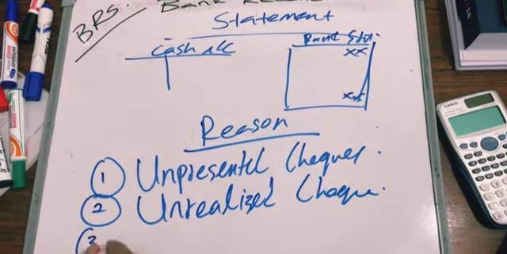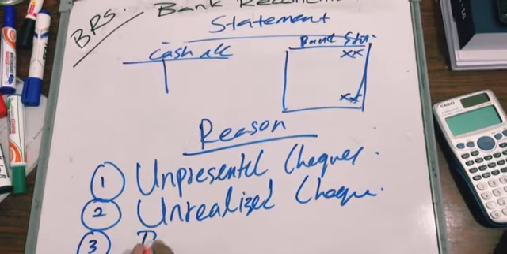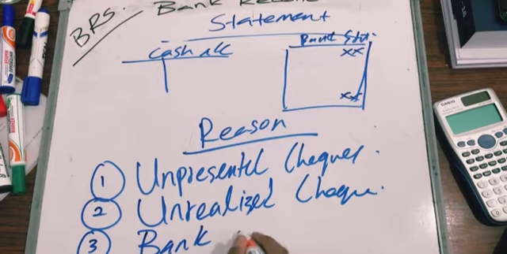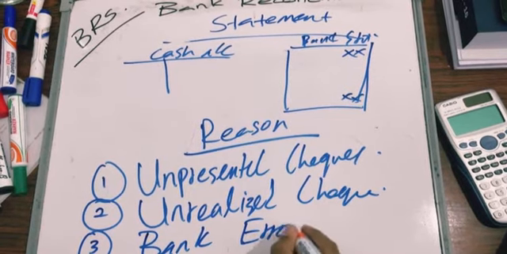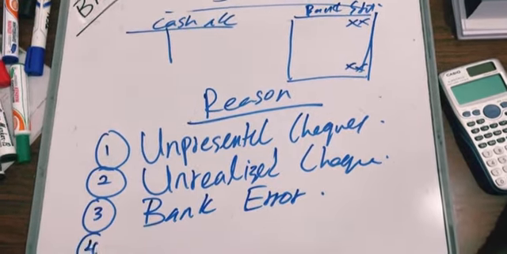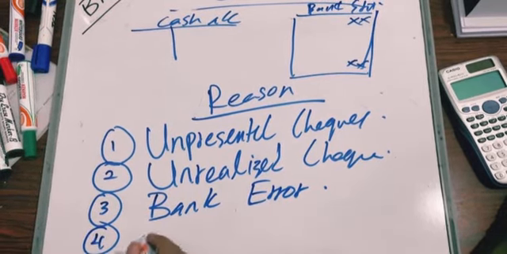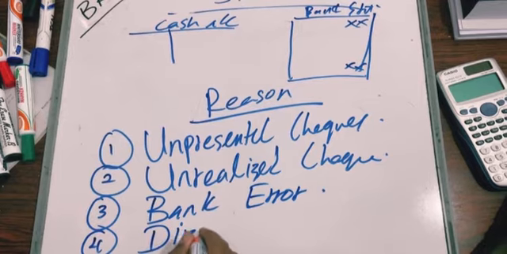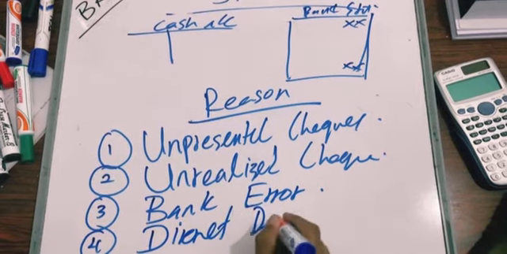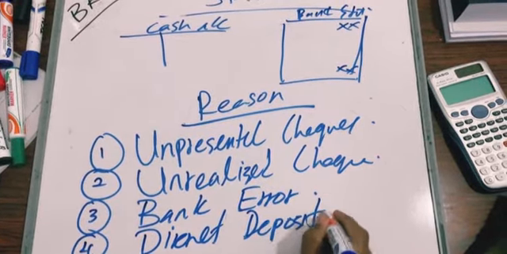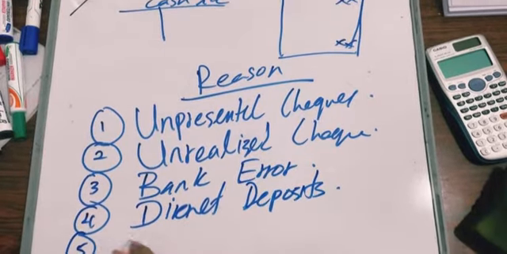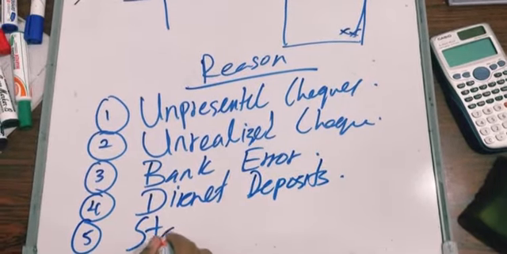Number 3, bank errors. Number 4, direct deposits. Number 5, standing order payments.